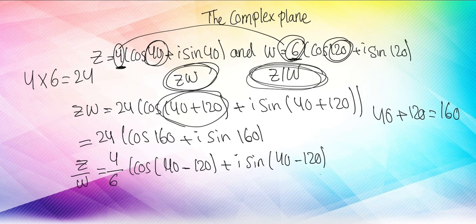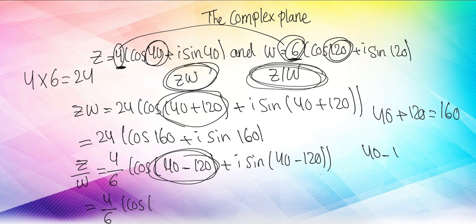And we write the answer: 4 over 6 (cos of 40 minus 120). We write 40 minus 120 equals minus 80, so the answer is (cos minus 80 plus i sin minus 80).